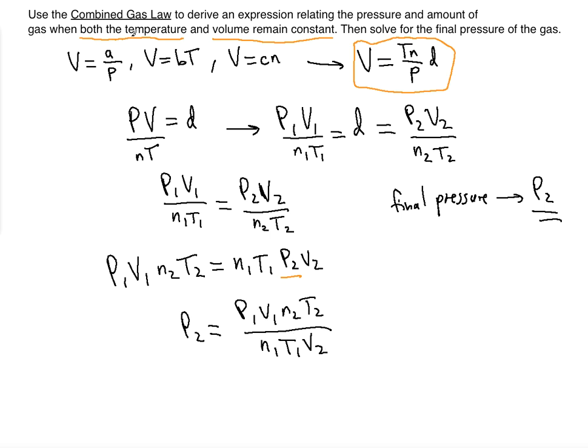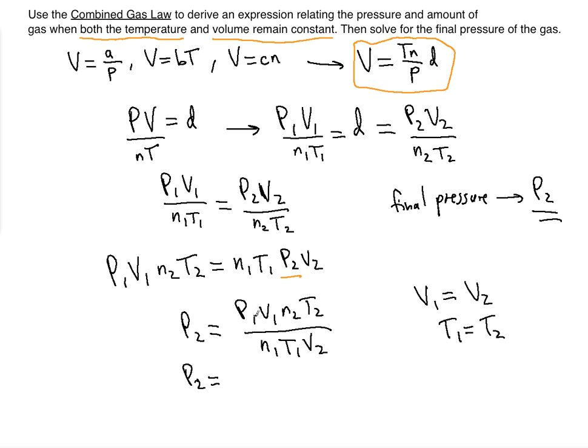The temperature and the volume are constant here, so it means that the initial volume V1 is equal to the final volume, and the initial temperature T1 is also equal to the final temperature. So basically we can substitute the T1 with T2, and we will have solved for P2 successfully.